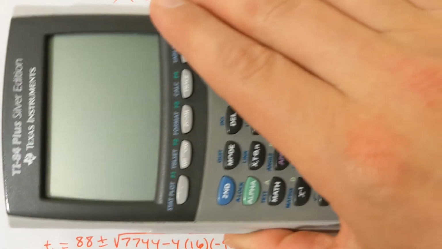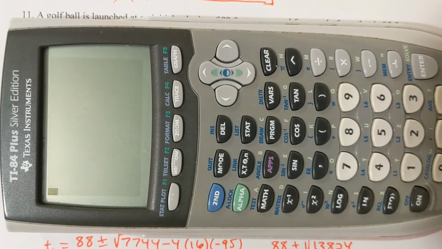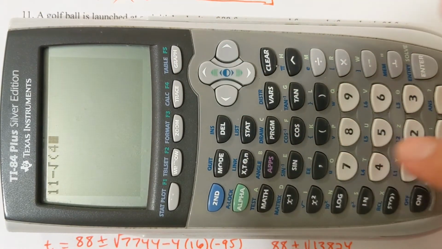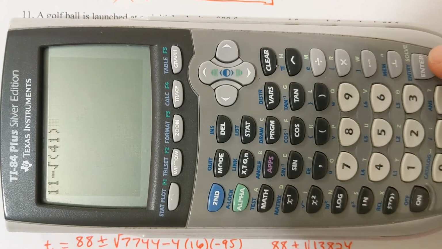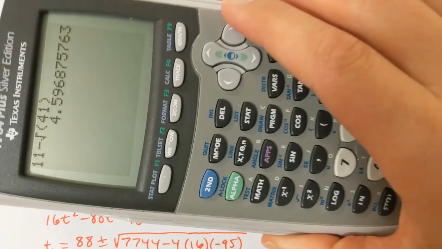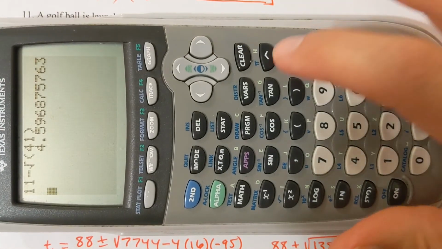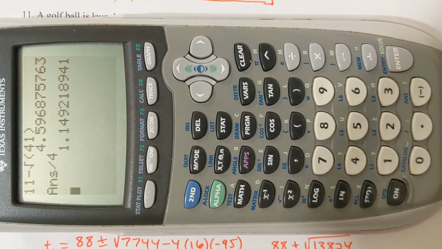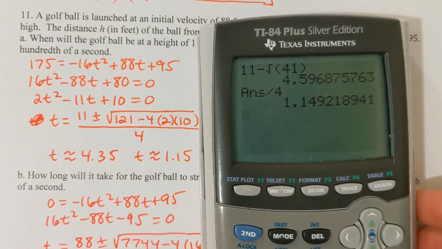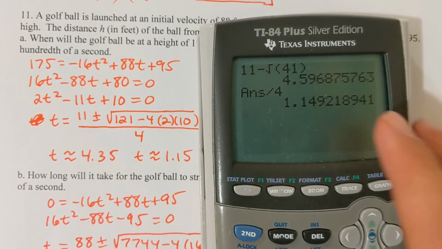In this model here, I'll just do the minus situation in this one. You can say 11 minus the square root of 41, hit enter, and divided by 4 is 1.15 if we go nearest 2 digits.